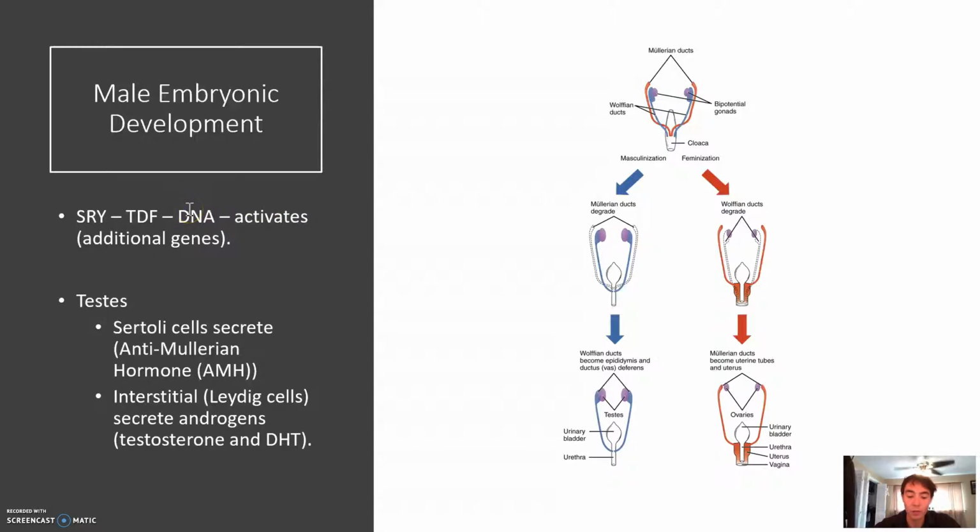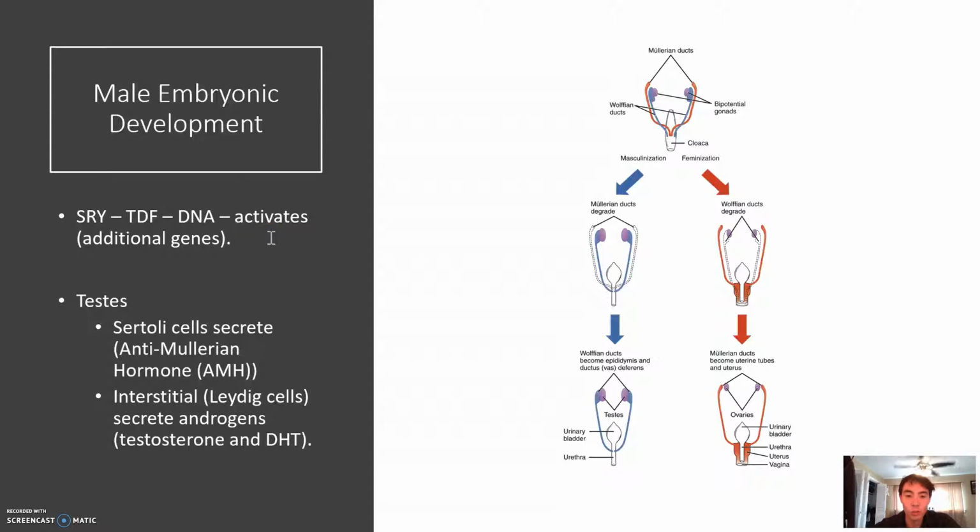Testes development does not require the androgen testosterone, but after testes differentiate, they will secrete anti-Mullerian hormone, AMH, from Sertoli cells, and they will also secrete androgens, testosterone, and the more potent version DHT, which is produced when 5-alpha reductase converts testosterone into DHT. Those are secreted from the interstitial cells, also called Leydig cells.